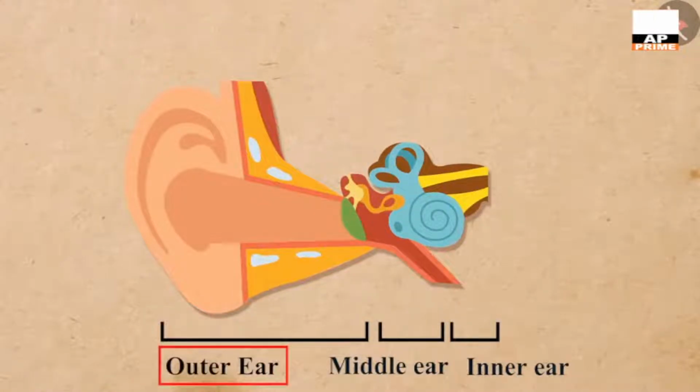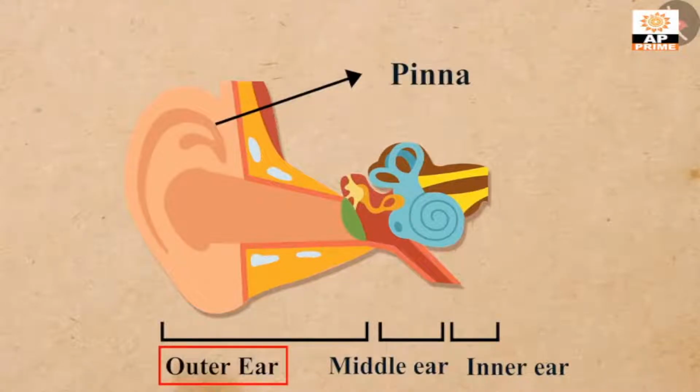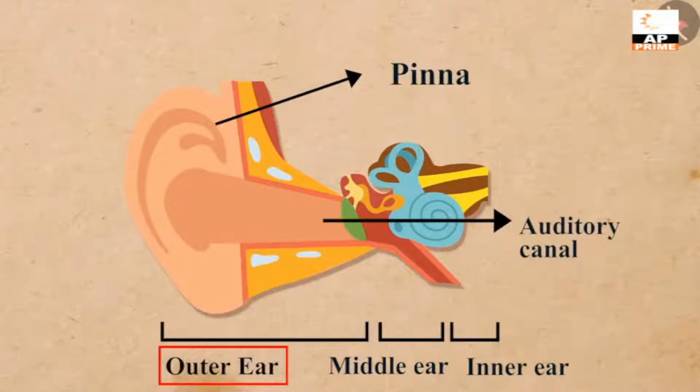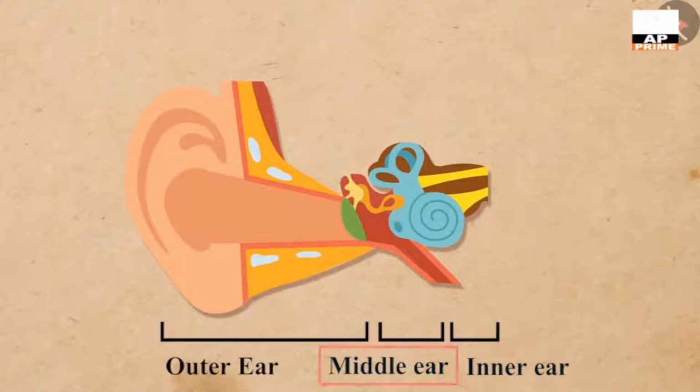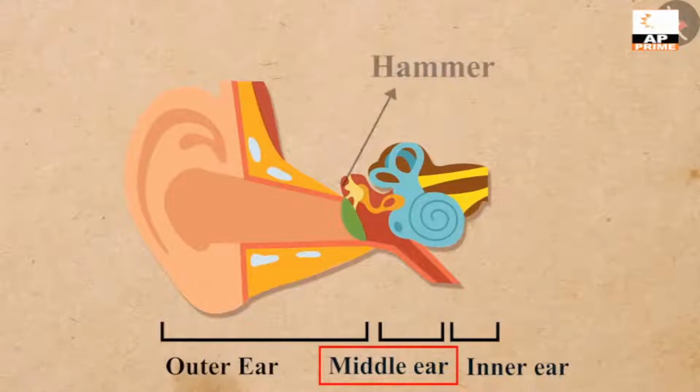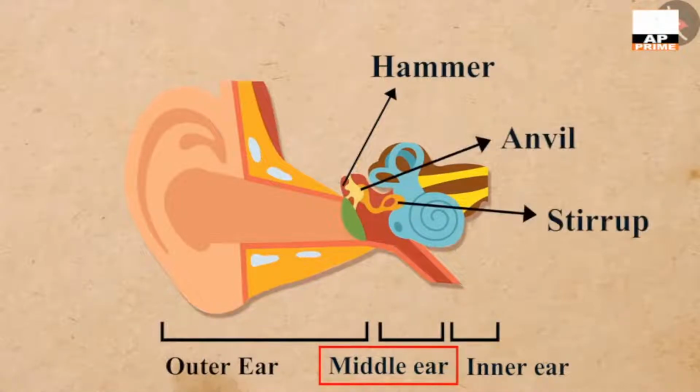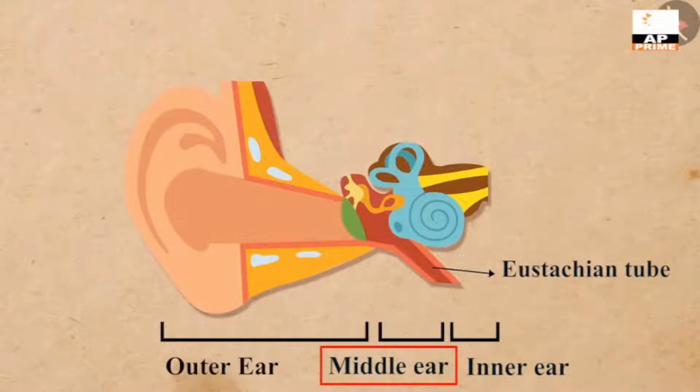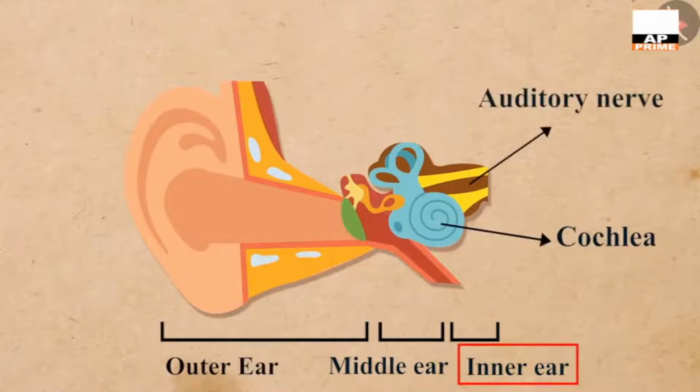The outer ear includes the pinna and the auditory canal. The middle ear mainly includes three bones: the hammer, the anvil, and the stirrup, and the eustachian tube. The inner ear includes the cochlea and the auditory nerve.